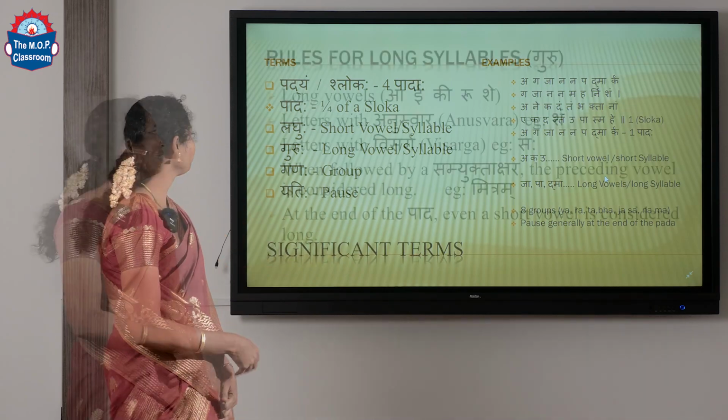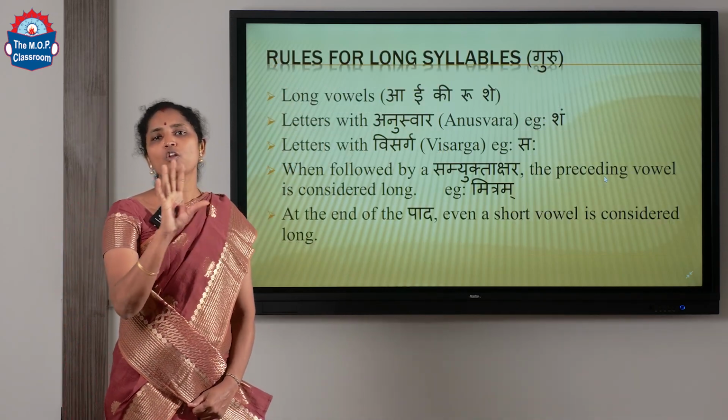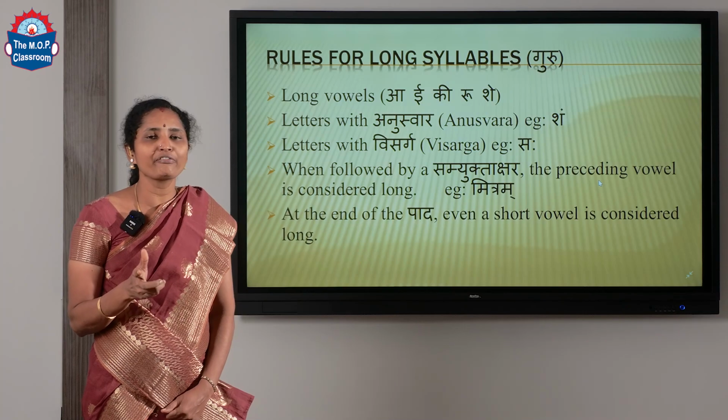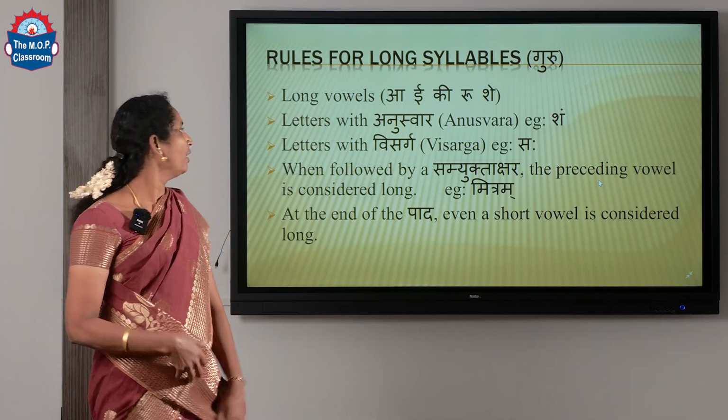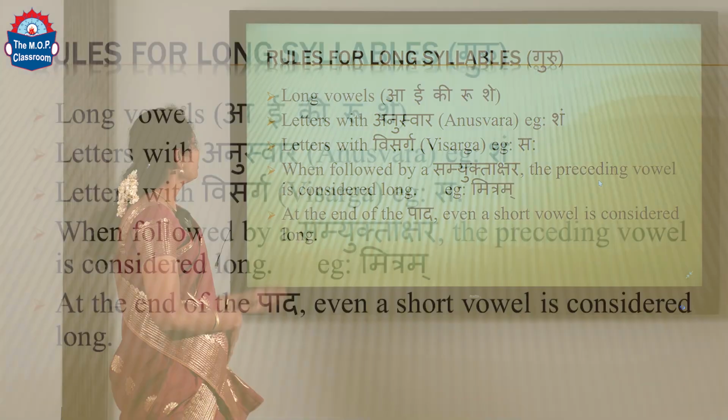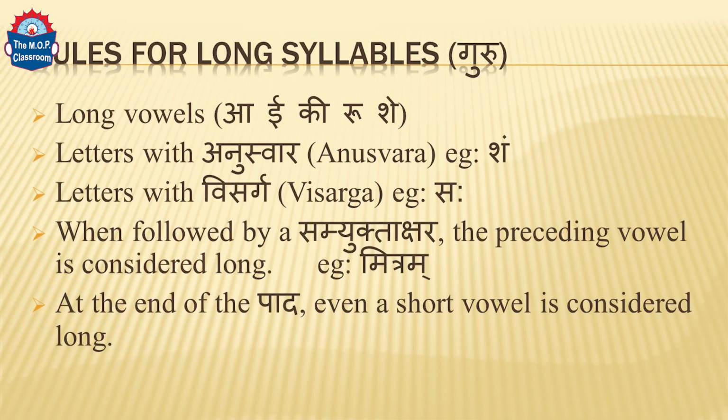In the next slide, we said guru. We all know which are long syllables. But is that enough for making chandas? No. There are certain rules for this long syllable. In general, you all know a, e, ki, whichever is long, we pronounce as a long syllable. We consider that as guru.